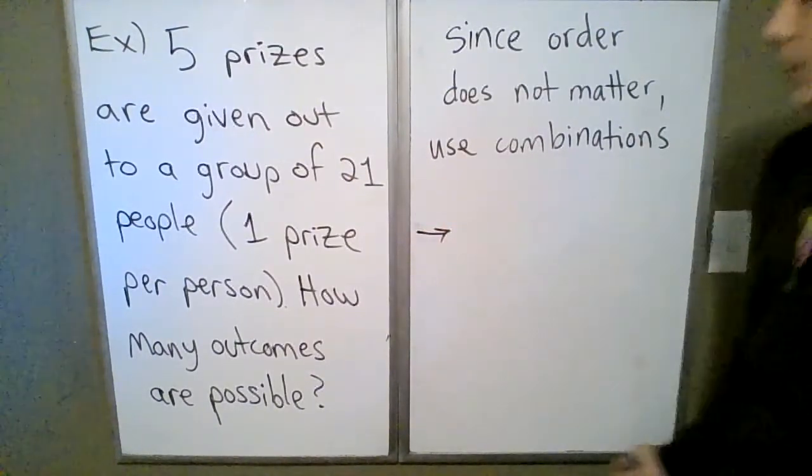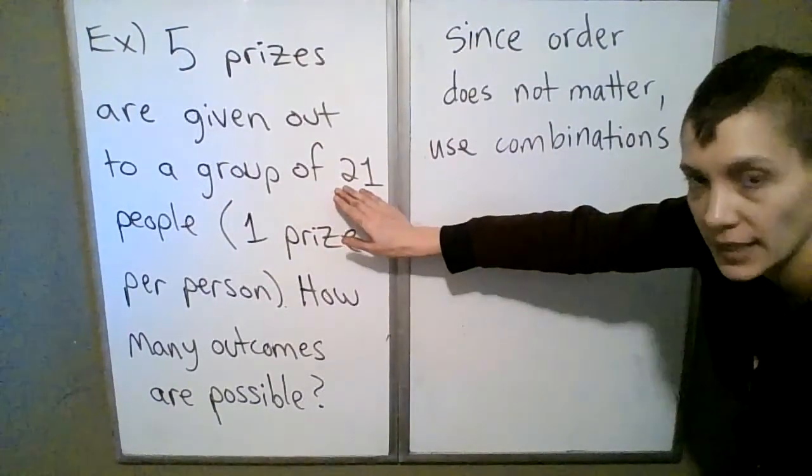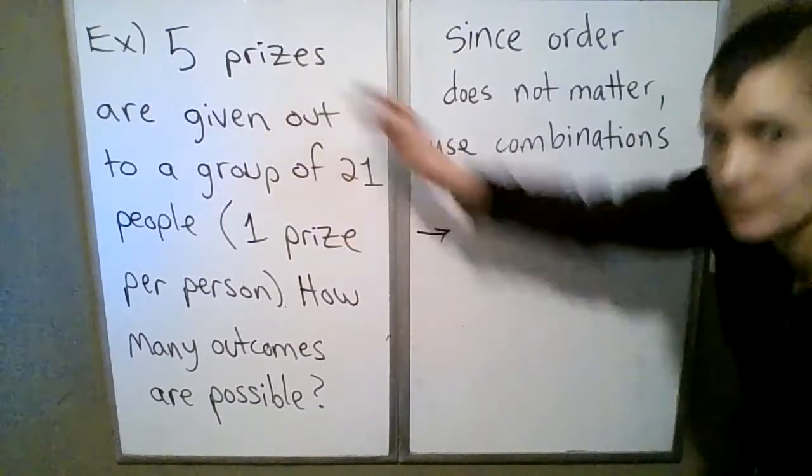Okay, I want to do the total, the 21 people, and then from them we choose 5.